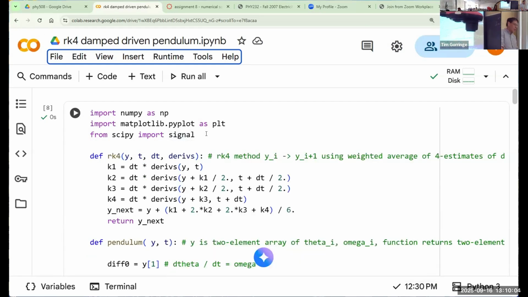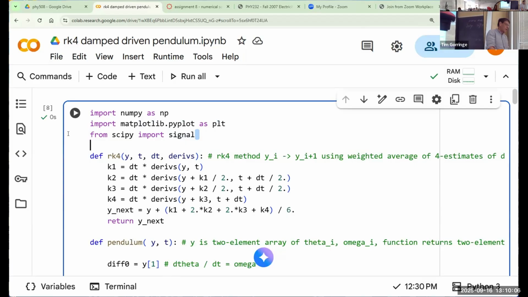Okay, so maybe I'll just walk through this. Don't worry about this. I have a cell below these cells where I make a plot of the pendulum swinging backwards and forwards, but I didn't use it for this.